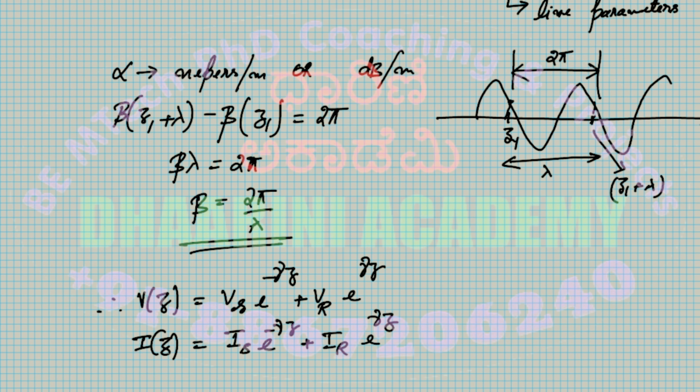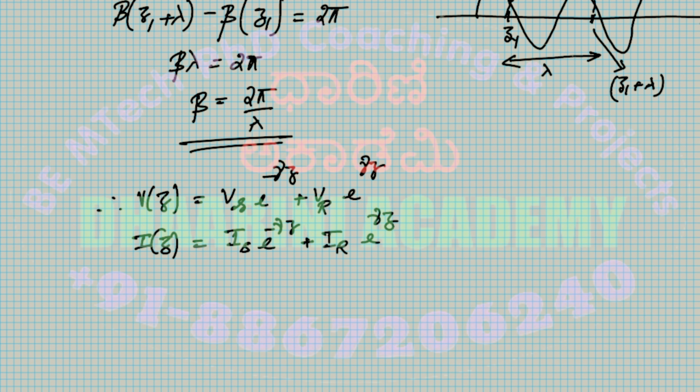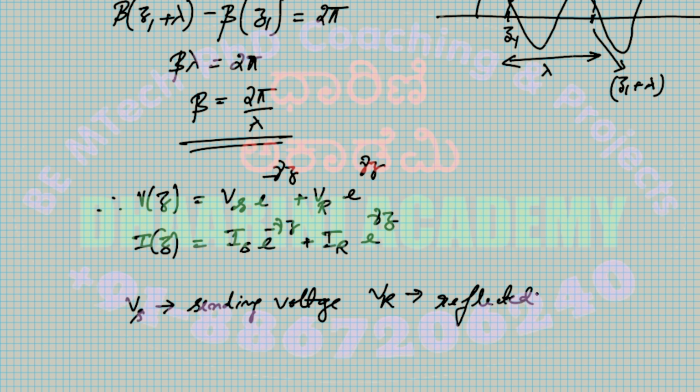So now this is more clear rather than writing V1, V2, I1, I2. What is Vs in this case? This is the voltage sent, or sending voltage. What is VR? This is the reflected voltage.